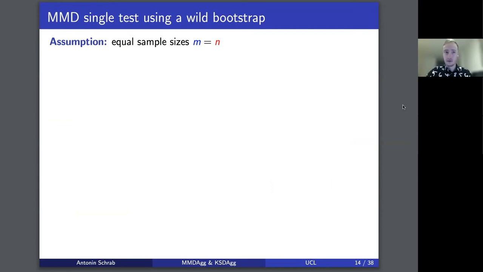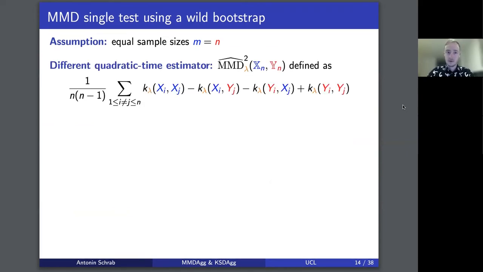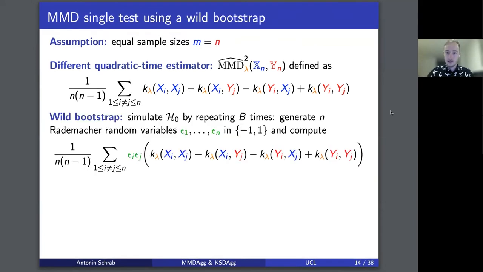Now we can also simulate the null hypothesis using a wild bootstrap in the case where m is equal to n. So now we consider a different quadratic time estimator. It's quite similar, but it misses some terms, the term X_i, Y_i essentially, because here the sum is over i different than j. And the wild bootstrap works by generating some random Rademacher variables. These are just variables that take the value -1 or 1 with equal probability.